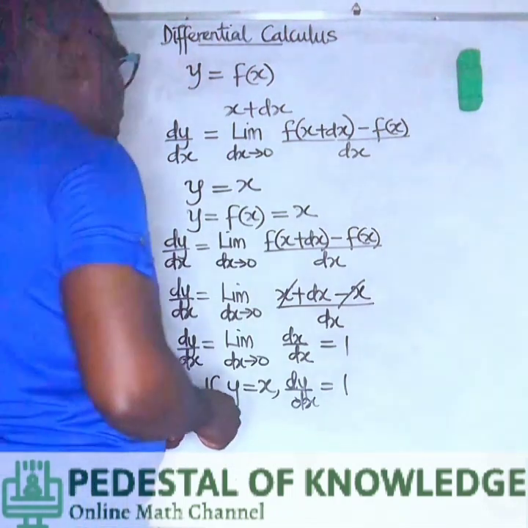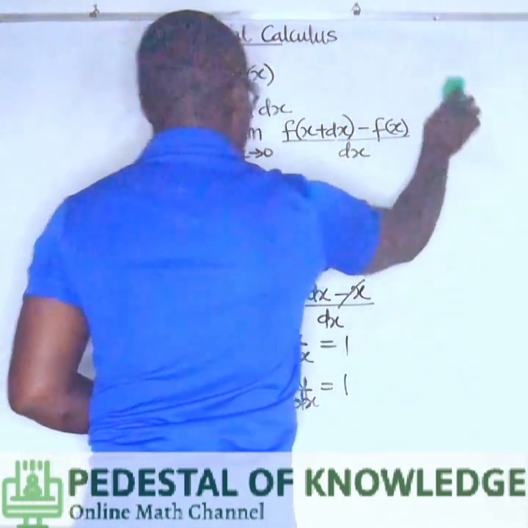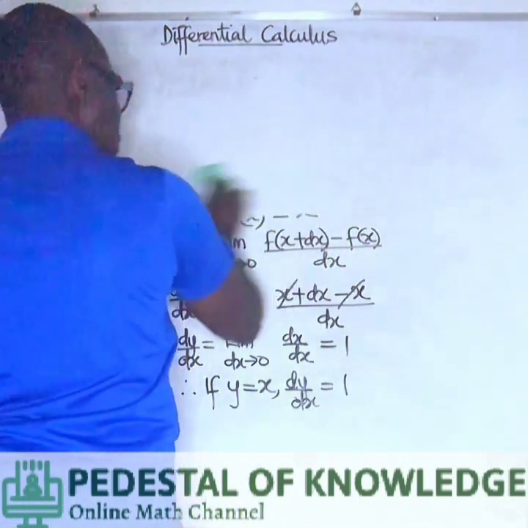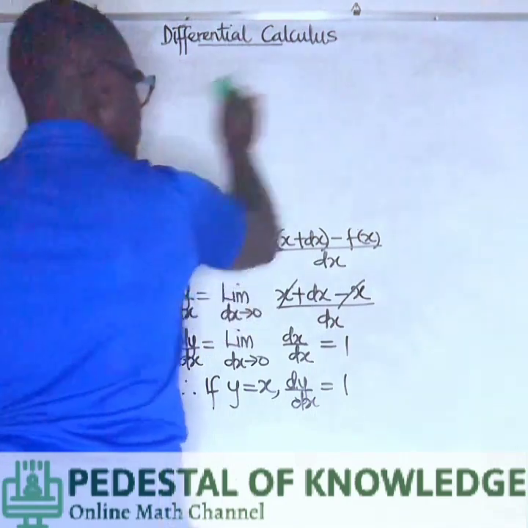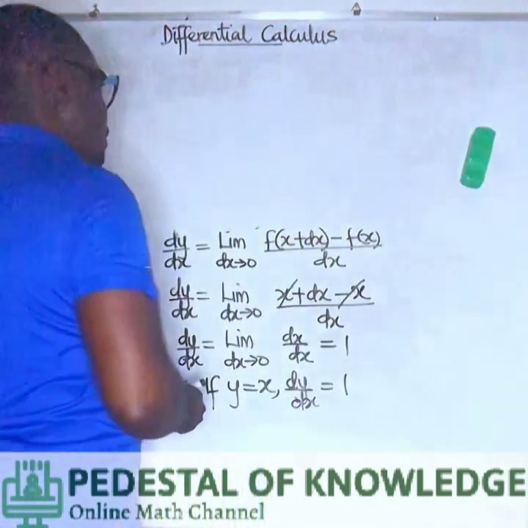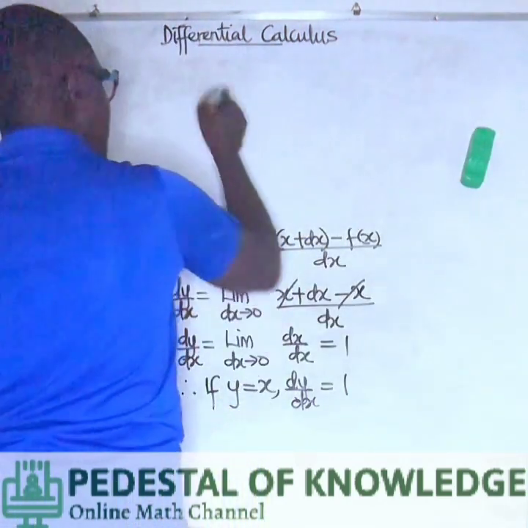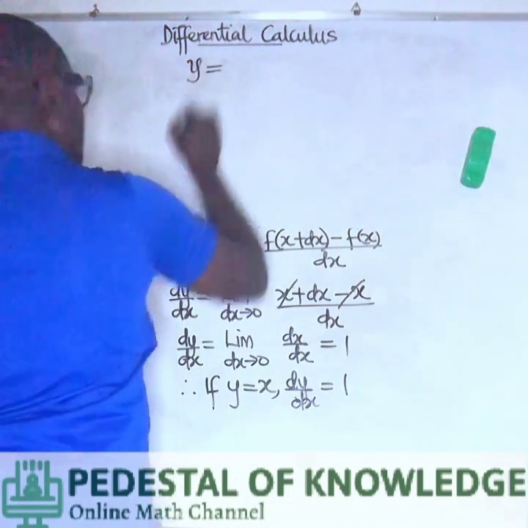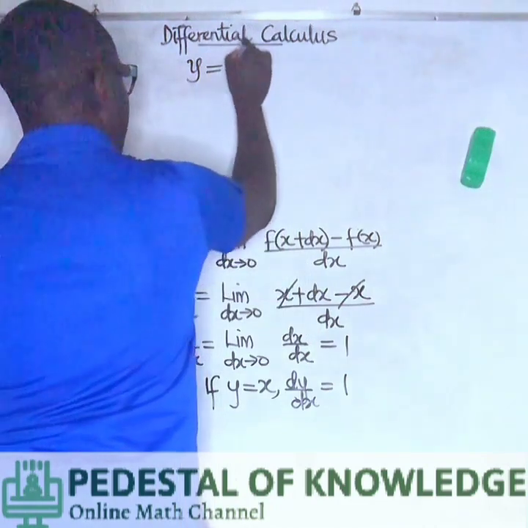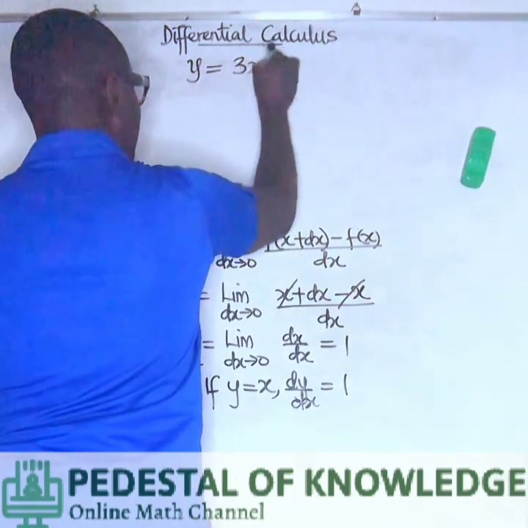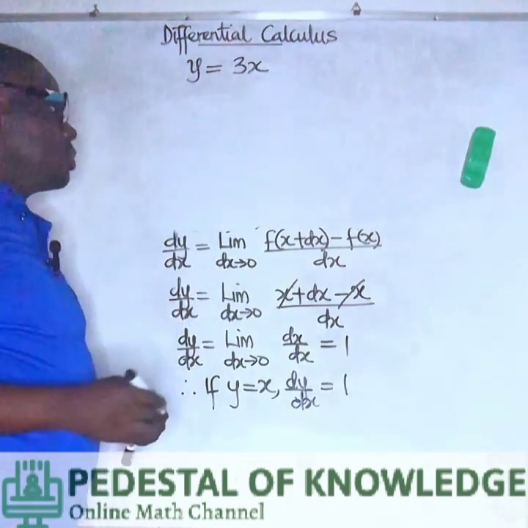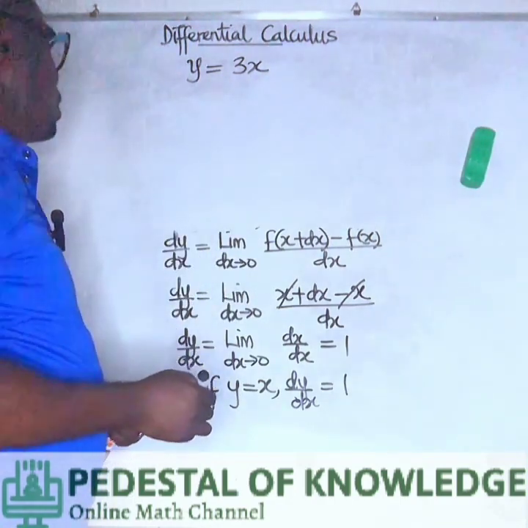Alright, now let's look at another function. Suppose you are given another function like y is equal to, say, 3x, and you are asked to find the dy dx of this function using first principles.